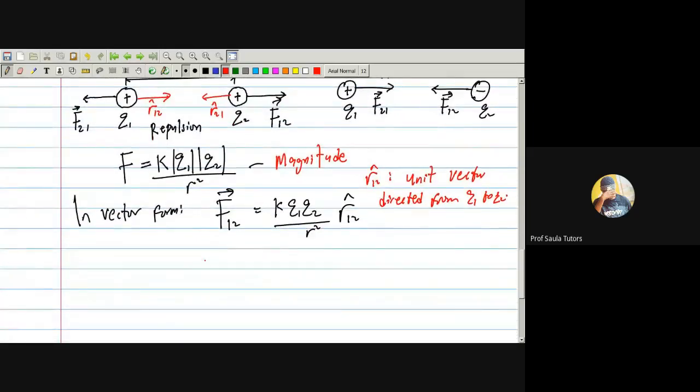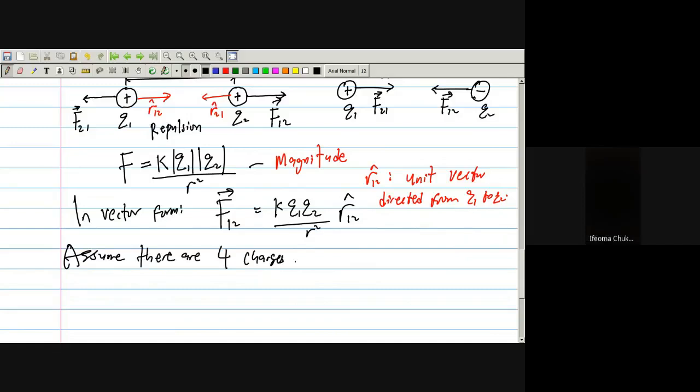Now, let us take for instance that we have about 4 charges in a system.